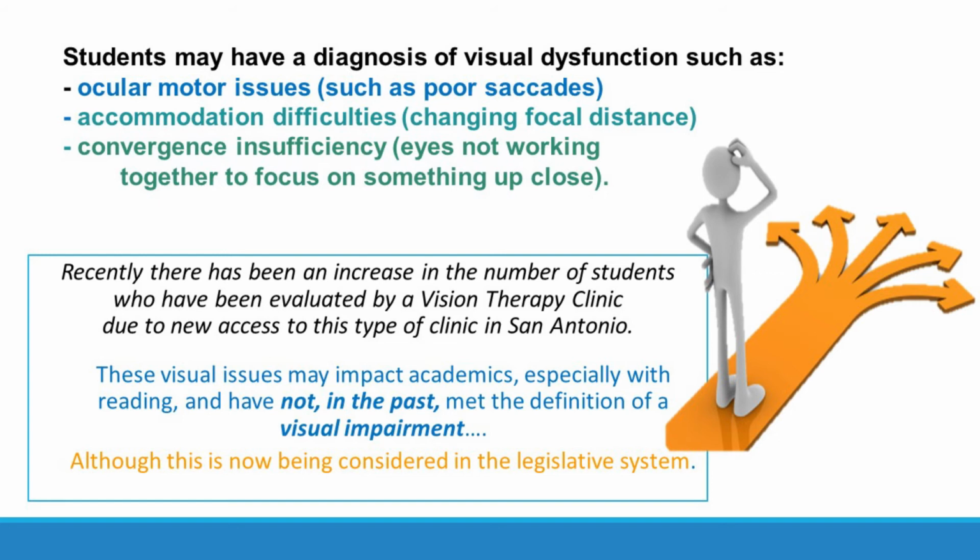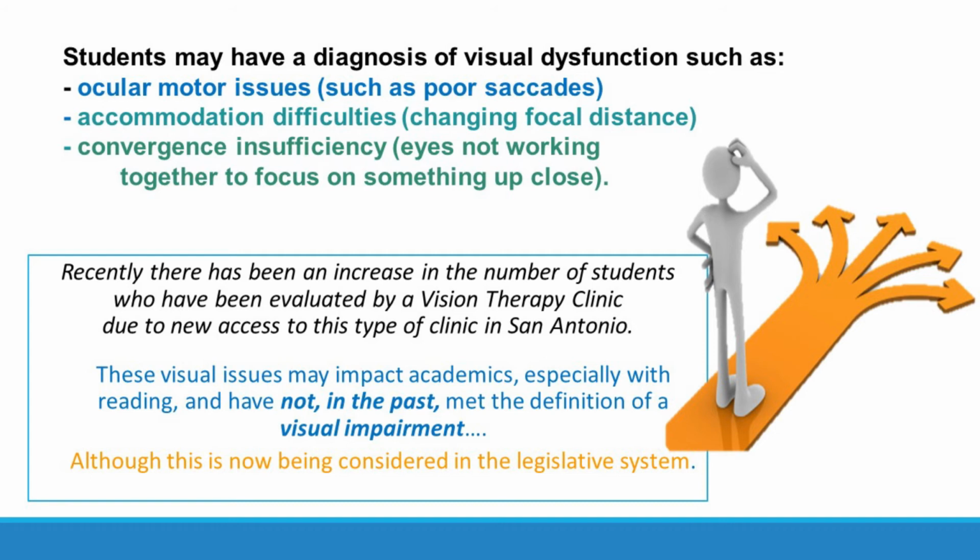There are other conditions that impact the way one's eyes and brain work together. A student may have a diagnosis of a visual dysfunction, such as ocular motor issues, accommodation difficulties, or changing the focal distance, convergence insufficiency, where the eyes are not working together to focus on something, especially on something up close. Recently, there has been an increase in the number of students who have been evaluated by vision therapy clinics in our area.